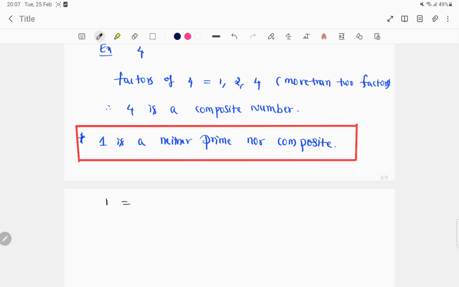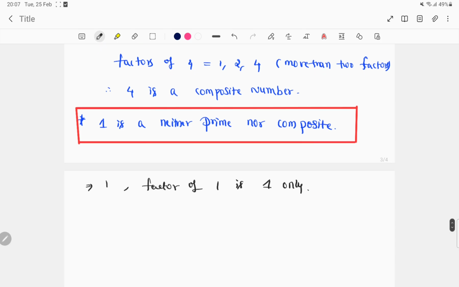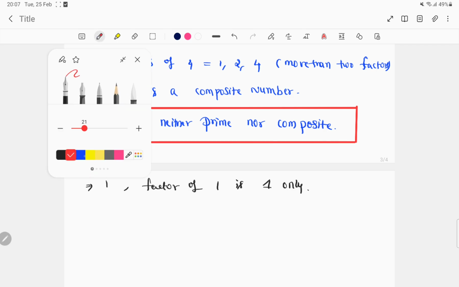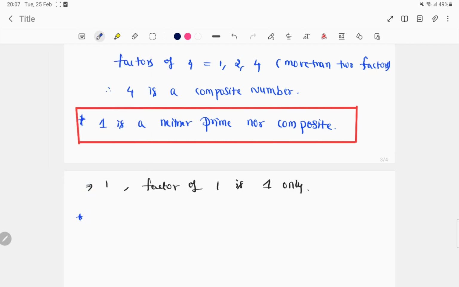So clear. The factor of one is one only. So according to this condition, prime has only two factors and composite has more than two. Here only one factor. So that's why it is neither prime nor composite. Here a few questions will arise.